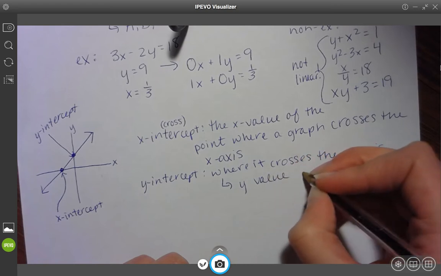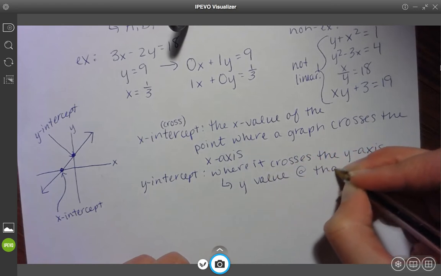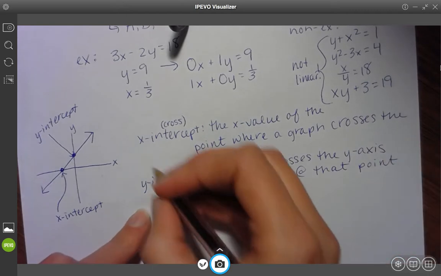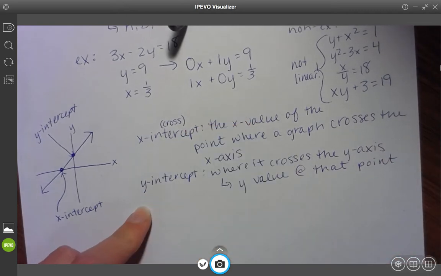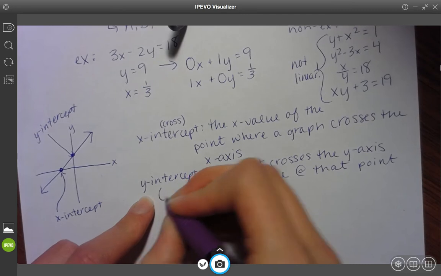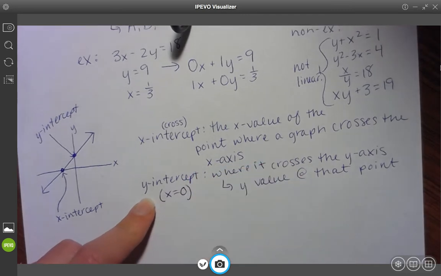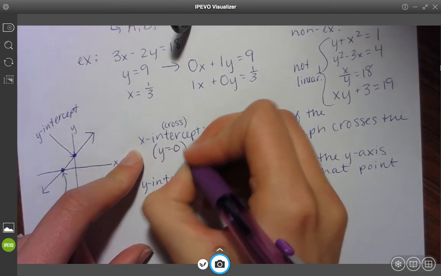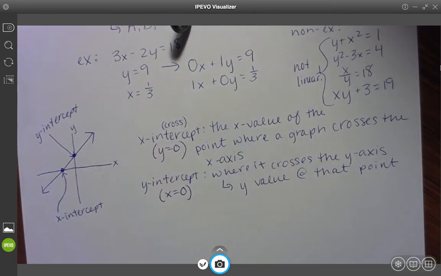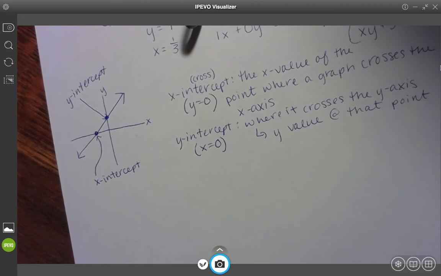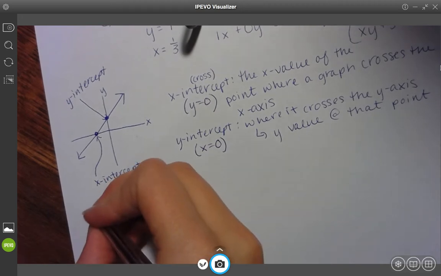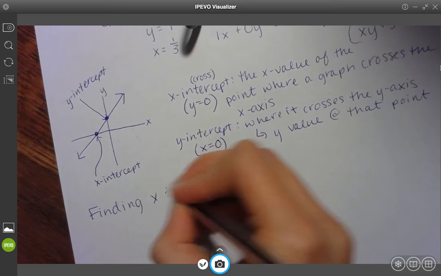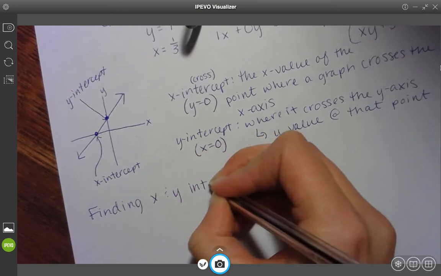It's only the y value at the point, because the x value, and this is really important here, the x value on my y-intercept is always 0. And for my x-intercept, the y value is always 0. This becomes really important when we talk about finding x and y intercepts.